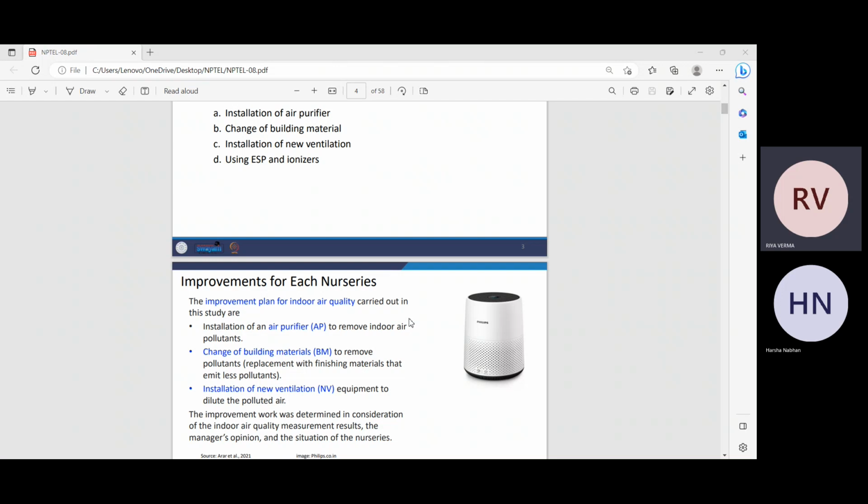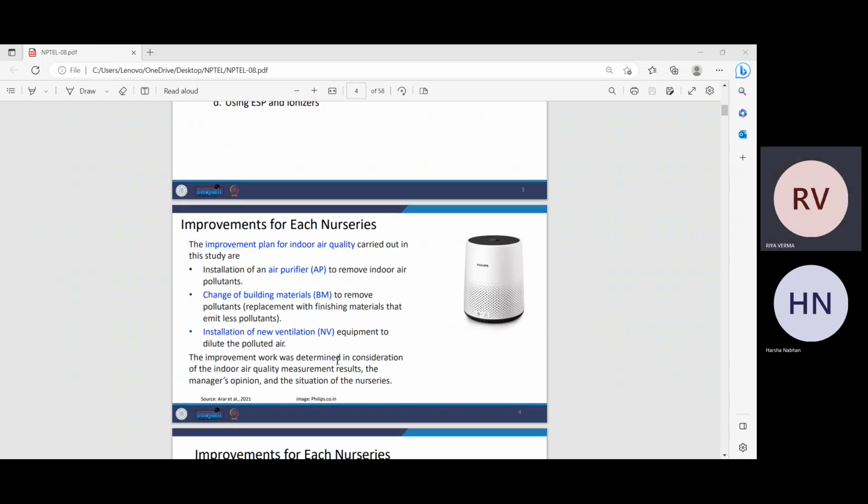For example, changing the earlier materials with less polluting materials that would emit a lesser amount of formaldehyde or VOCs. Next up, we have the installation of new ventilation equipment so that there is some dilution in the polluted air and thus the concentration of the pollutants can be reduced. So these are the three methods that were used to improve the air quality in this study.